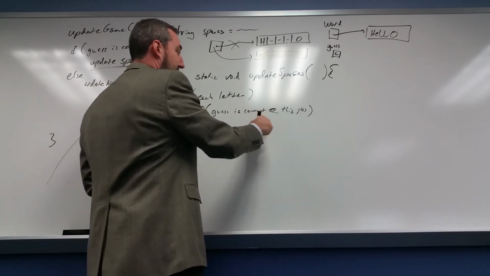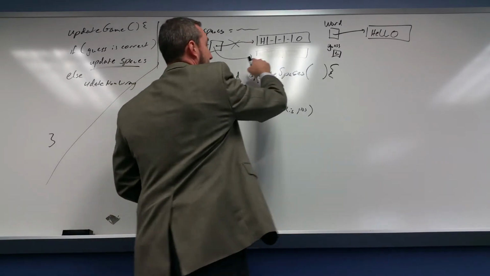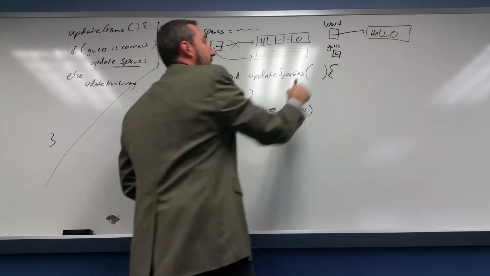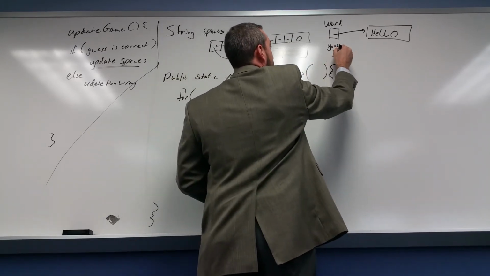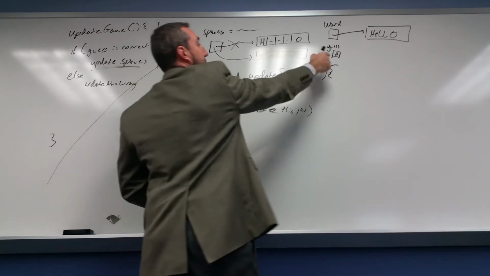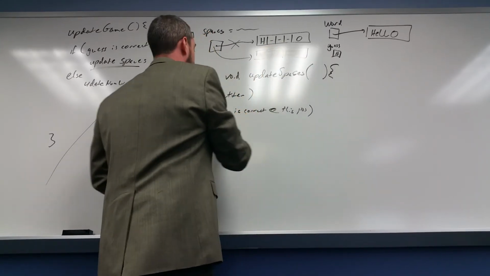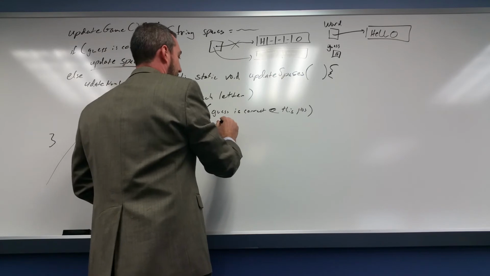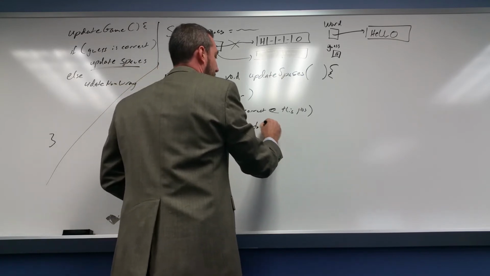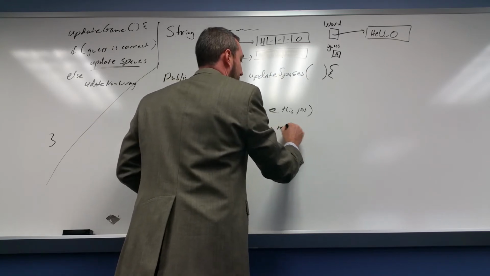So if the guess is correct, if I guessed L and I'm looking at an L, I say, oh, add an L to the word. It might be easier if we think about H first. The first letter I should add should be an H regardless, because the guess matches that position. So the guess is correct. Add the guess to the new spaces.